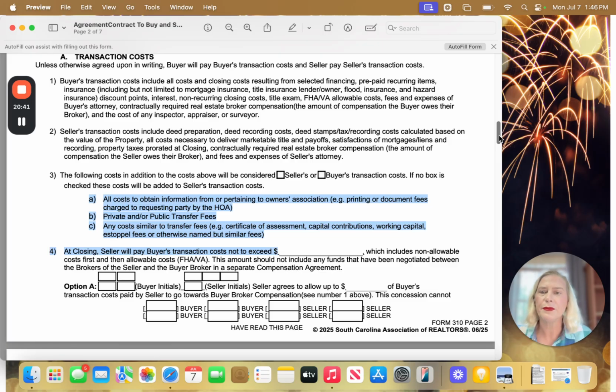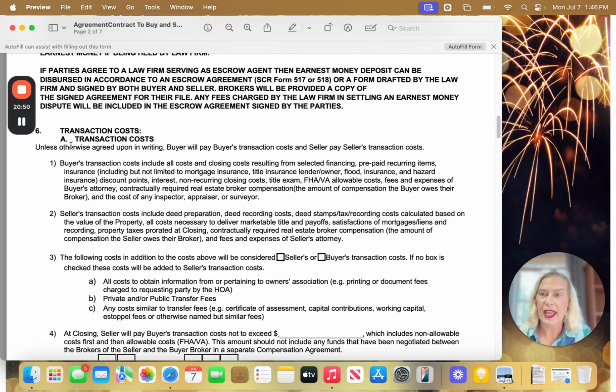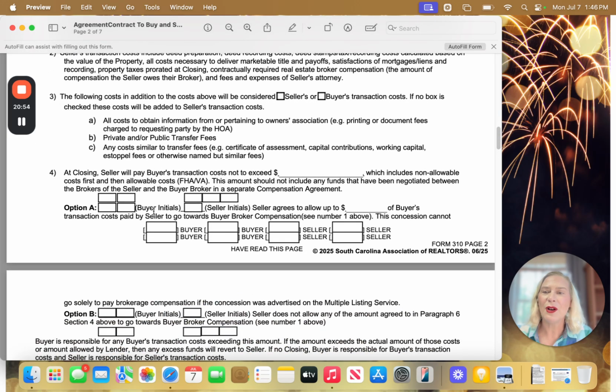I think it's 21. All right, now to follow along, we're on 6A4. See? 6A4. This is the fun one. Now, it says 4. At closing, the seller will pay buyer's transaction costs not to exceed X amount of dollars, which will include allowable and non-allowables first, and then allowable FHA and VA.